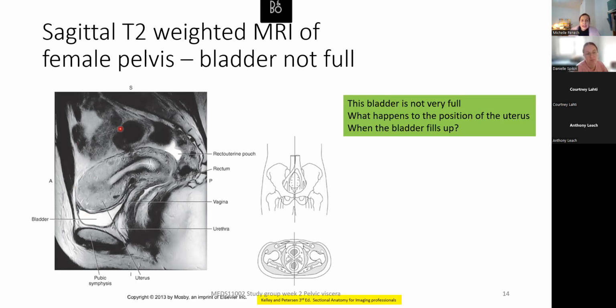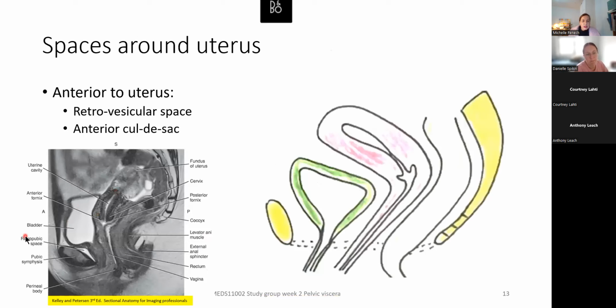We need the bladder to fill up to form an acoustic window like this to allow us to send the sound in and up through to transmit the sound waves through to the uterus, and it allows us to see it nice and clearly. So we would put the probe just superior to the symphysis pubis and send the sound waves up that direction.